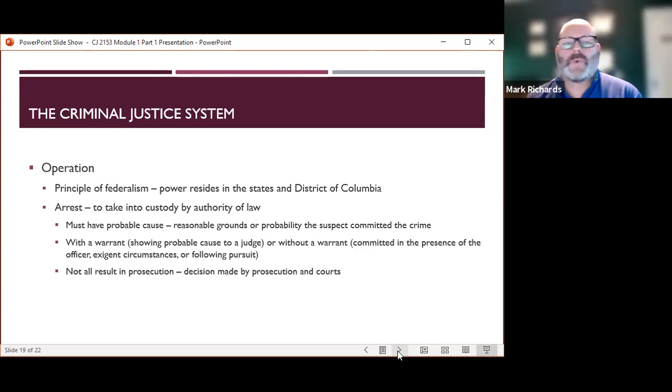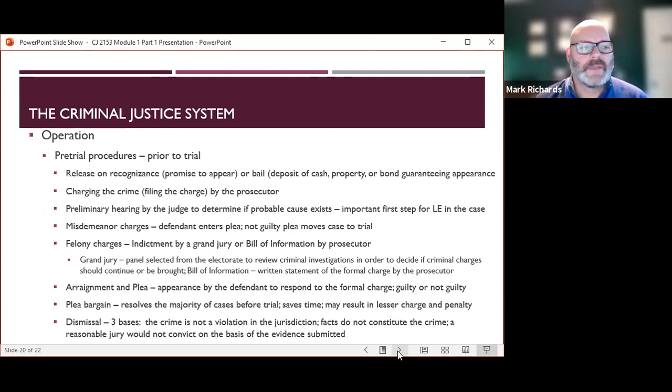Not all arrests result in prosecution. The decision to prosecute lies with the prosecutor himself or herself and within the court system. There are pre-trial procedures prior to trial. A defendant can be released on recognizance, which means they make a promise to appear.